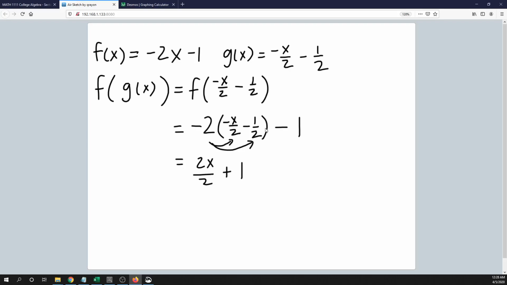And then I'll have this minus 1, just tagging along from here. Okay, and so now I can simplify. I get 2x over 2, this 1 minus 1 comes out to be 0, and then I can cancel the common factor of 2 here, and I wind up with just x. Okay, so that means that these functions are inverses of each other.